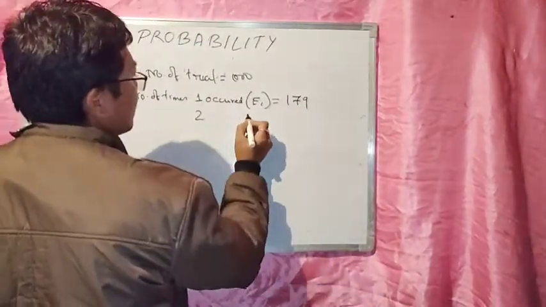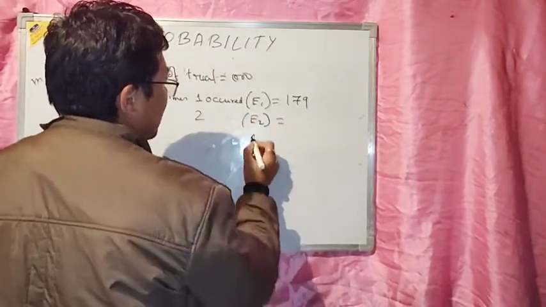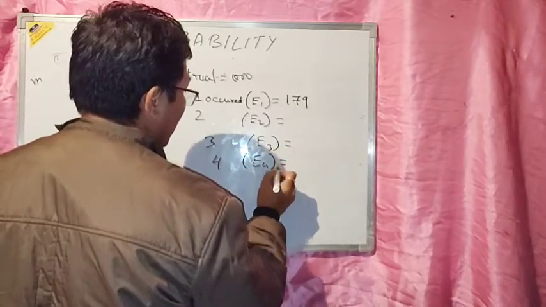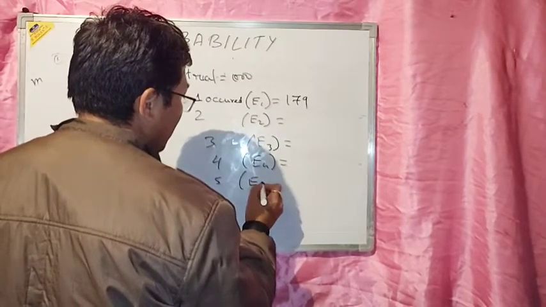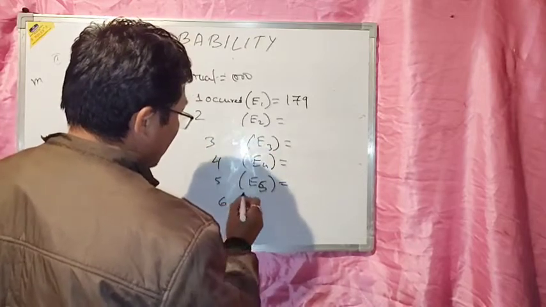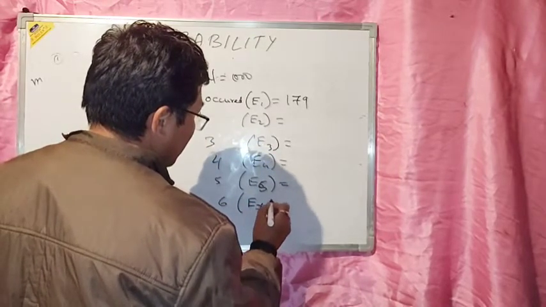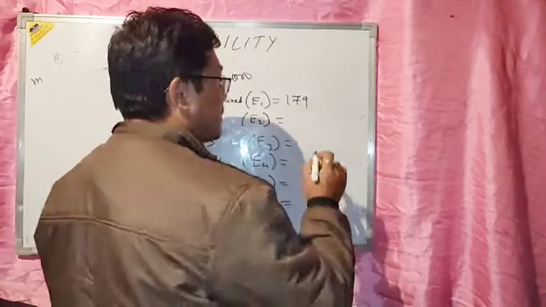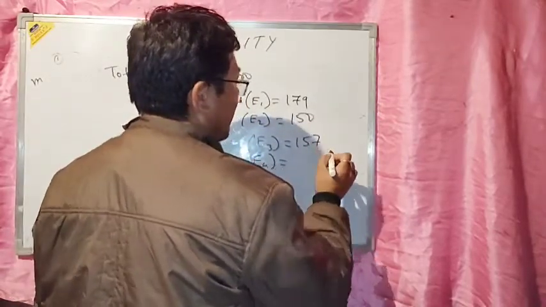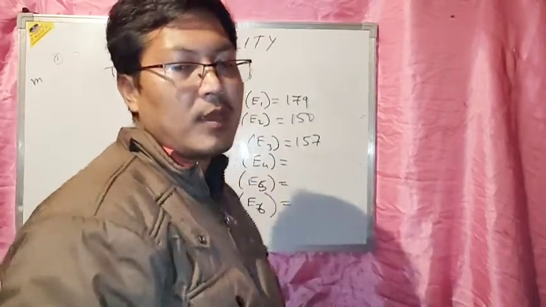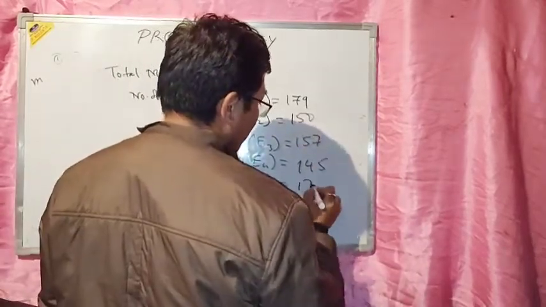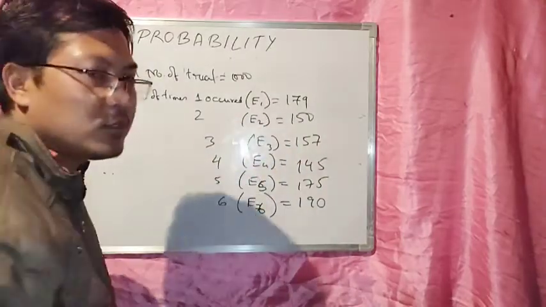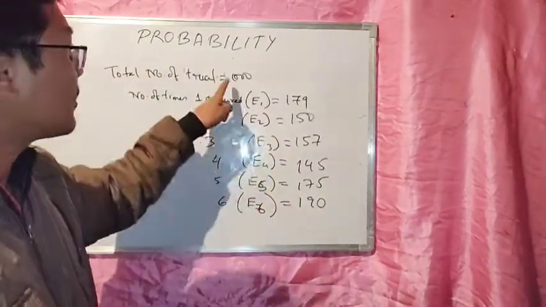In the same case, 2 is E2, 3 is E3, 4 is E4, 5 is E5, 6 is E6. The frequencies are 179, 150, 157, 149, 175, 190. All this total comes to 1000.